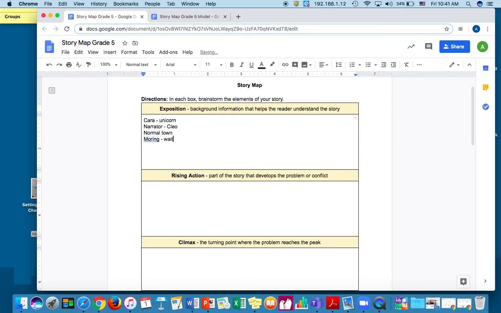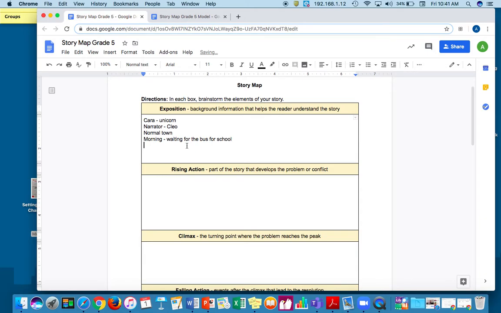Cleo is waiting for the bus for school. It doesn't really say what time of year, but when I was thinking about it, it was probably around springtime because I pictured Cleo just wearing a light jacket. So this is just some background information that's going to help me understand the story. The setting, the characters, things like that. And even something specific about the character, like Kara being a unicorn.